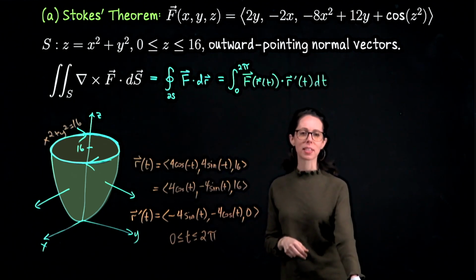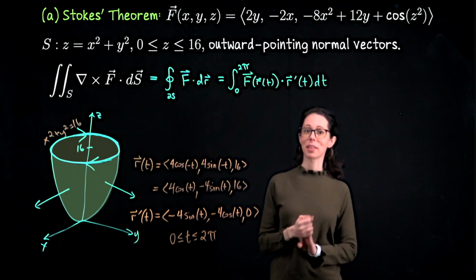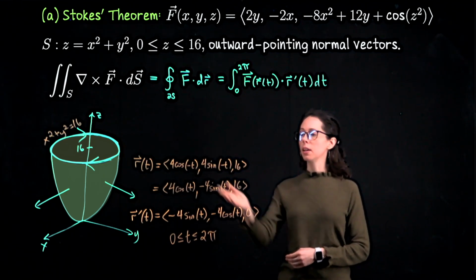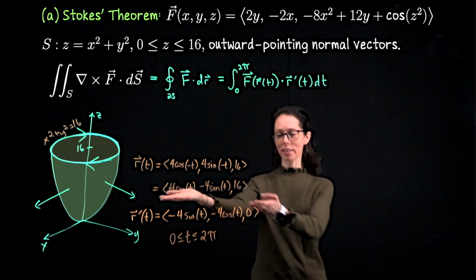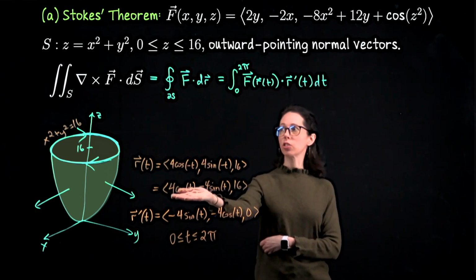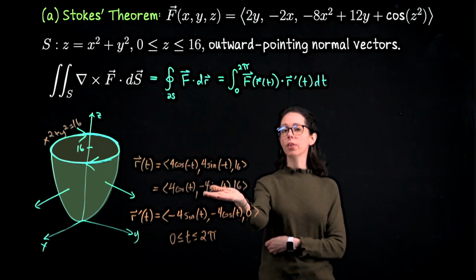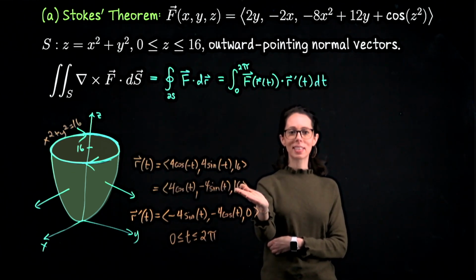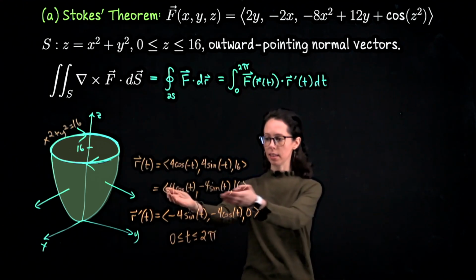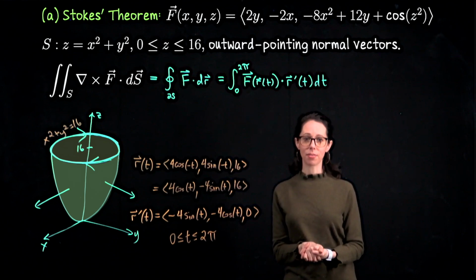Let me make a few comments and then I'm going to step away in case you need to take a break for a moment and think about all that we've done up to this point. F of r of t means plug this, or let me look at the simplified version, plug this in for the x coordinate in our description of our vector field. Plug negative 4 sine of t in for the y coordinate, and then plug 16 in for z. So that's doing f of r of t: let this be x, y, and z, and plug those into the vector field f.